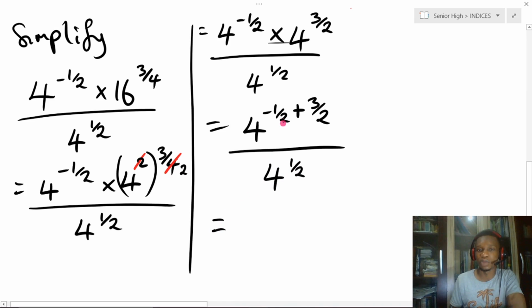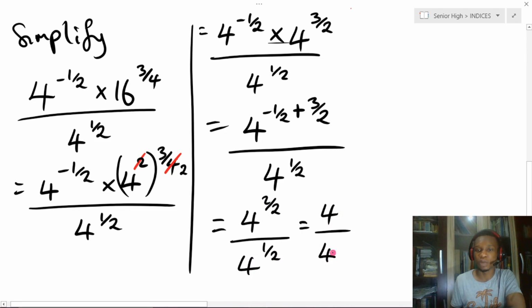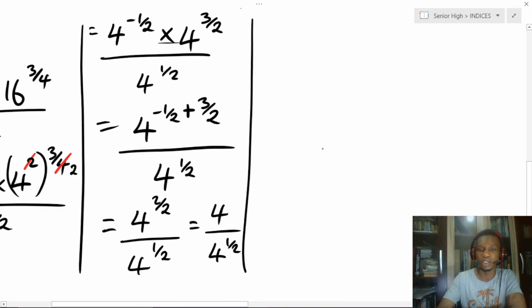When we add this up, since they have the same denominator, we can just add up their numerator. Minus 1 plus 3 will give us 2. And that's like saying 4 raised to the power of 2 over 2 divided by 4 raised to the power of 1 over 2. And 2 over 2 is 1, so we're having just 4 divided by 4 raised to the power of 1 over 2.